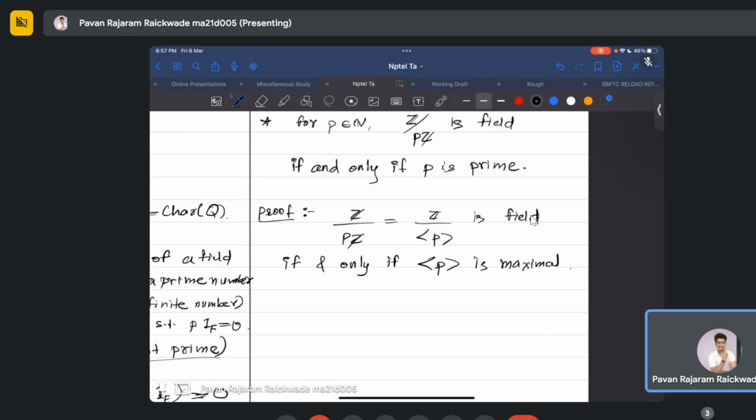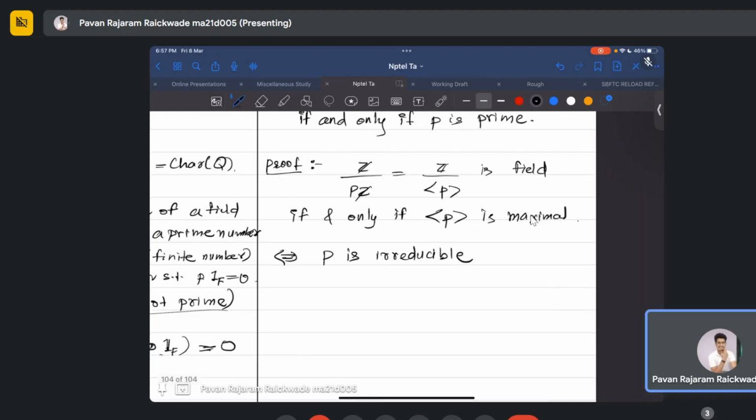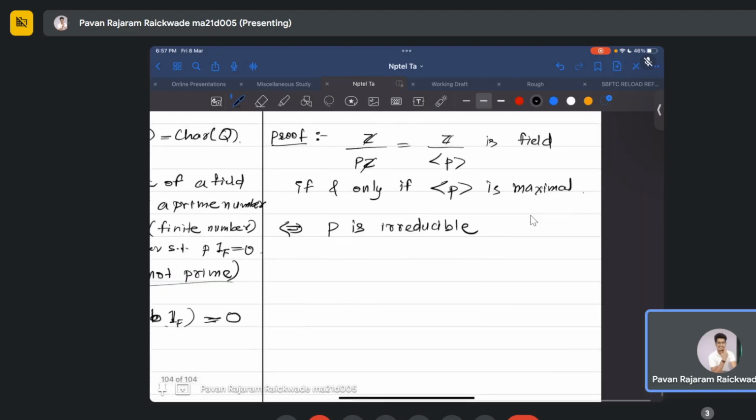So what are the maximal ideals? If and only if p is irreducible, right? We have shown before that in a PID, an ideal is maximal if and only if the generator is irreducible.